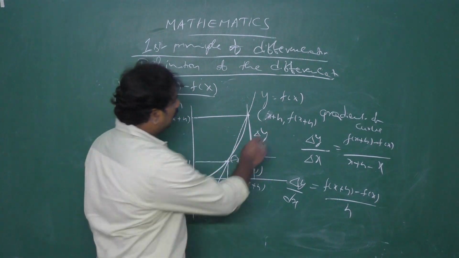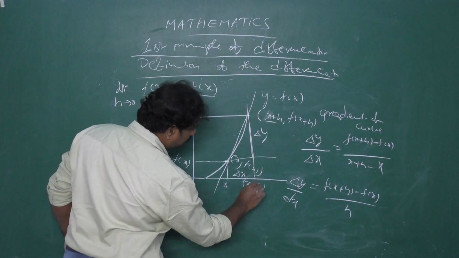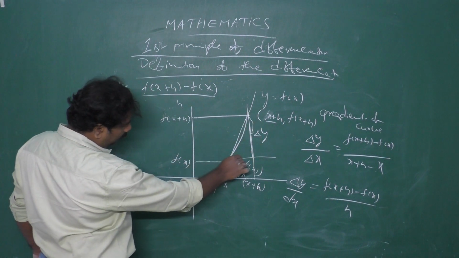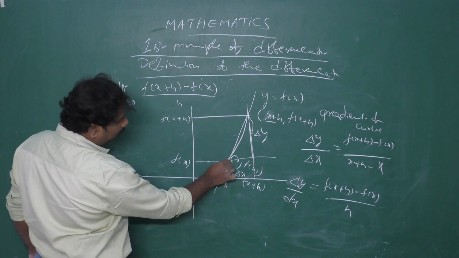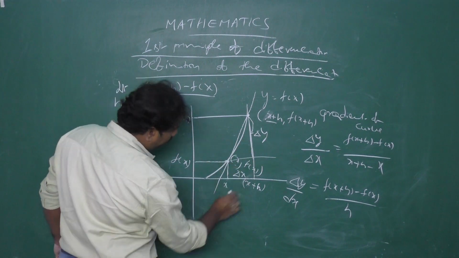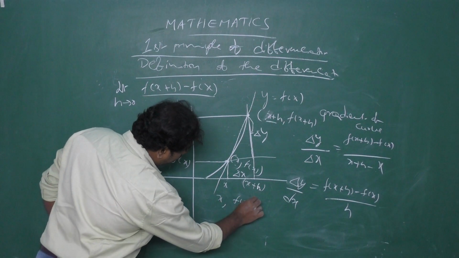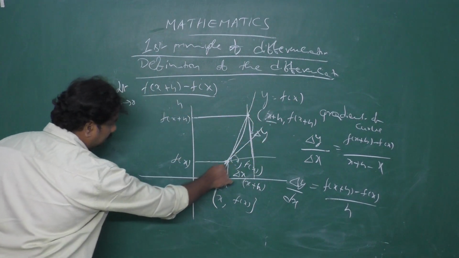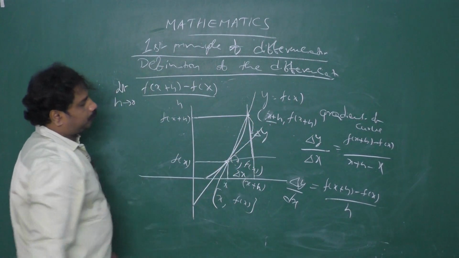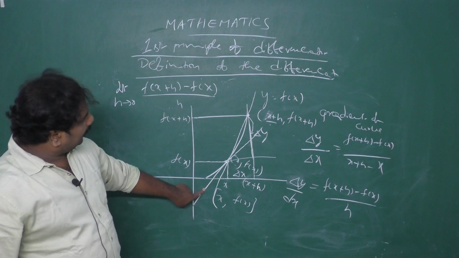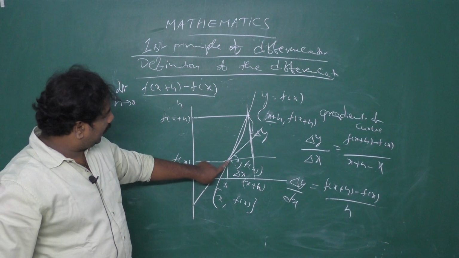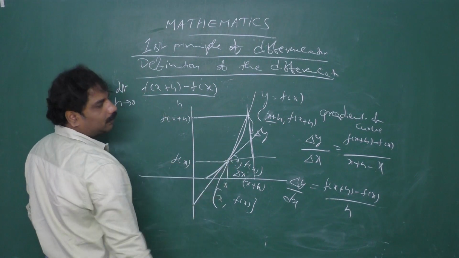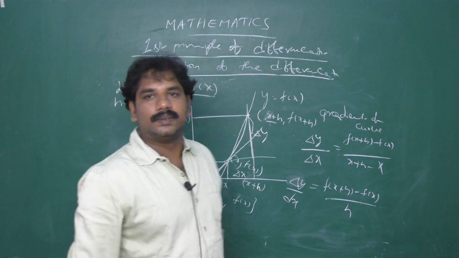Suppose x varies to x plus h, and this h tends to 0. Then this point will automatically try to coincide with this point, x, f of x. At that point, this line will become a tangent. This line touches at the point x, f of x, and the slope at that point is called the derivative of that curve.